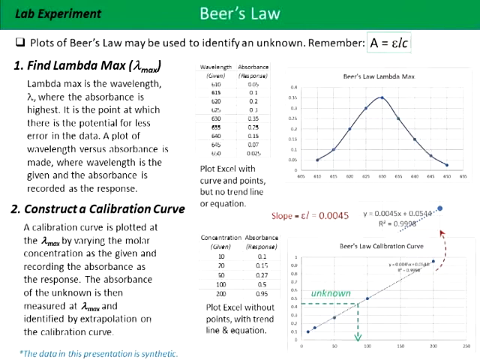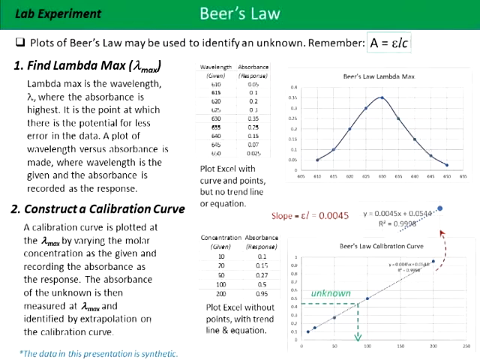In other words, once we have a calibration curve, we would then measure our unknown sample at our lambda max, in this case 630. We would read that absorbance on the y-axis, and we would extrapolate across and drop down to the x-axis and read our concentration.